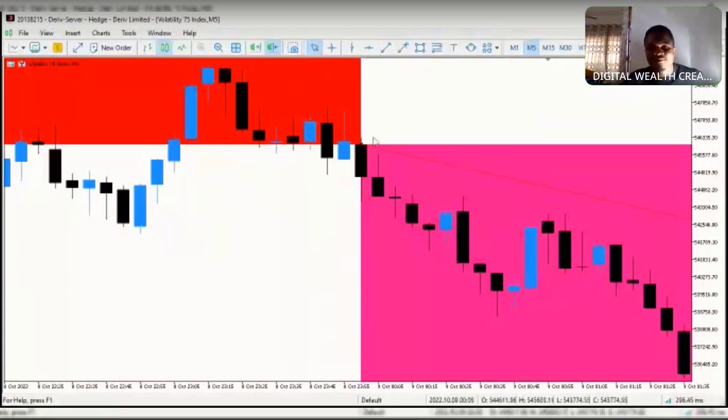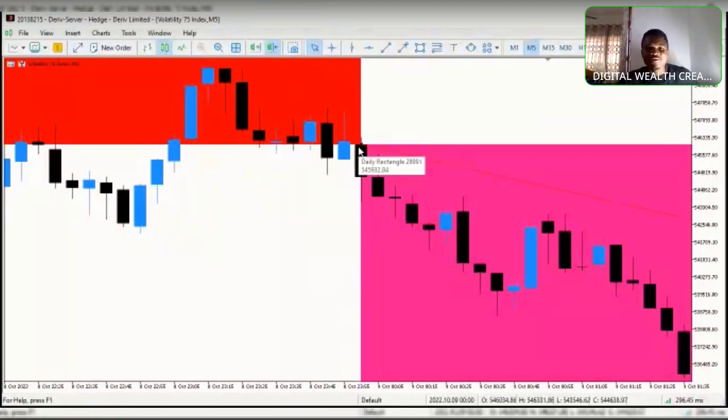The tweezer top ended over here on this small bullish candle, before our candle of interest came in, which is a bearish engulfing candle. This is like perfect timing for this candle to form. I'm just overjoyed saying this.